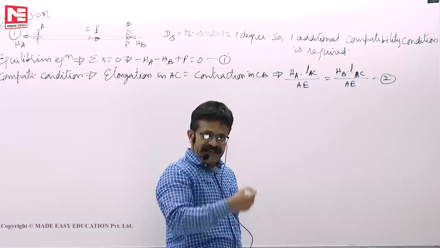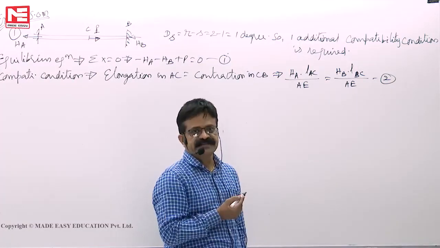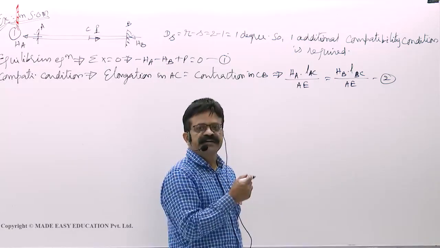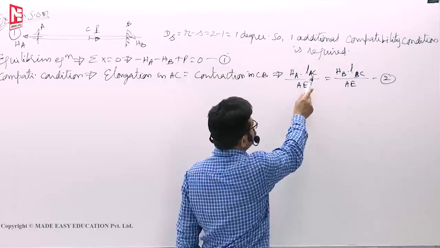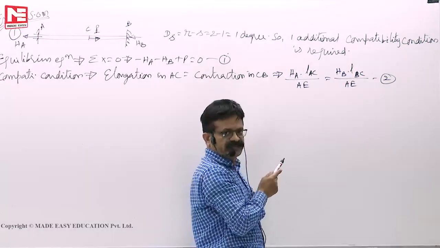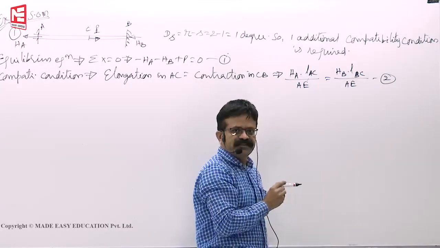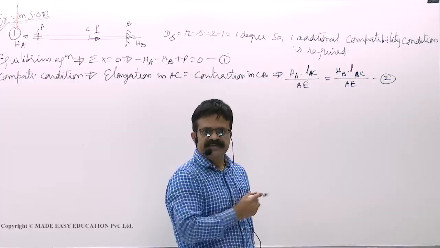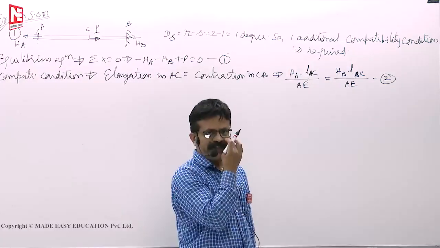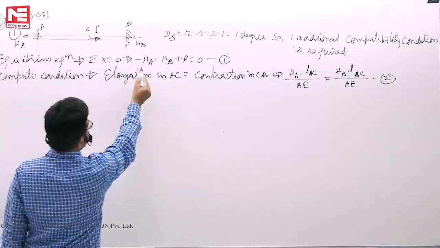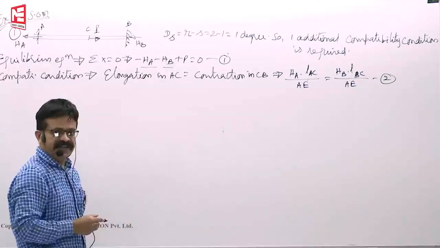Axial rigidity by length, we call it as axial stiffness. L by AE, reverse of axial stiffness, we call it as flexibility. So, if HA becomes 1, supposing that, then L by AE is called flexibility. Since you deal with the flexibilities, it is also called flexibility method. Okay. So, since forces are unknowns, it is a force method of analysis.